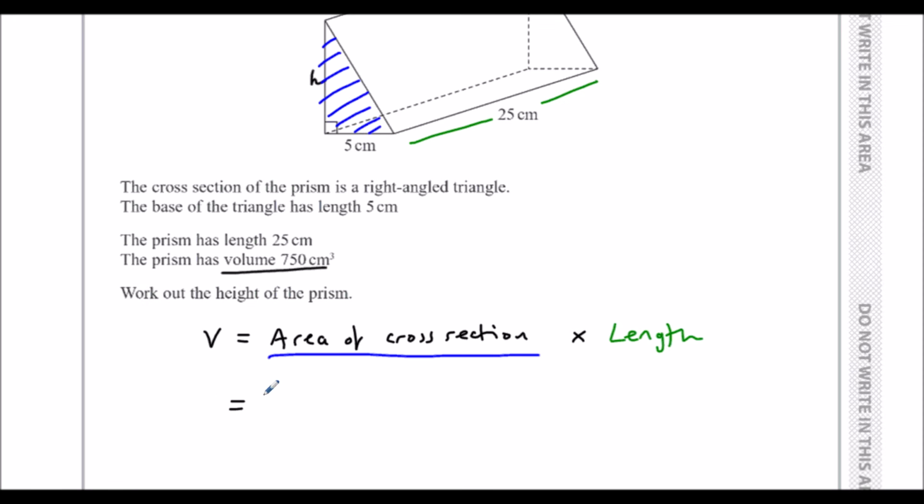The area of a triangle is half times base times height. So half times base times height. So 5 times height times the length, which is 25. And that volume is 750. So 750 is half times 5 times the height. That's the area of the cross section times the length of the prism.